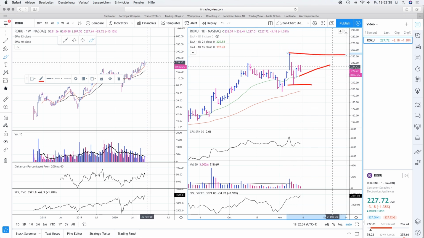I more expect that the stock is going sideways here in the next days or weeks. But maybe we will get a surprise by news or whatever, and then the stock will run again, or maybe also get down, and then I'm out. That's not a big problem for me. I don't fall in love with a stock. I'm only interested when the price is going up.